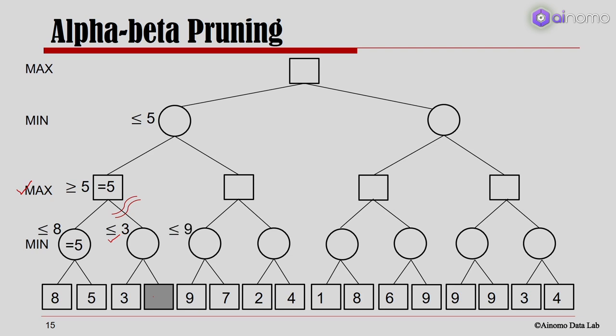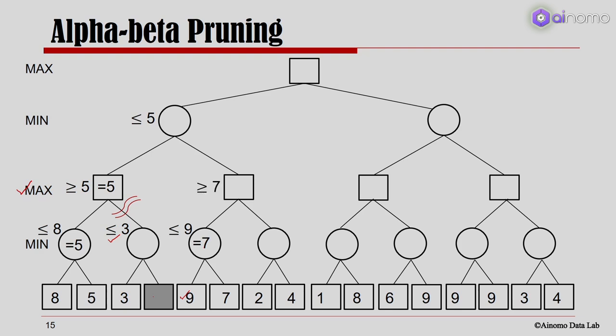I come down at this portion now. This is a min node, so its value is less than or equal to 9, and then when I see 7, I know that this has to be overwritten and I should get the value 7. So the correct evaluation of this node is 7.